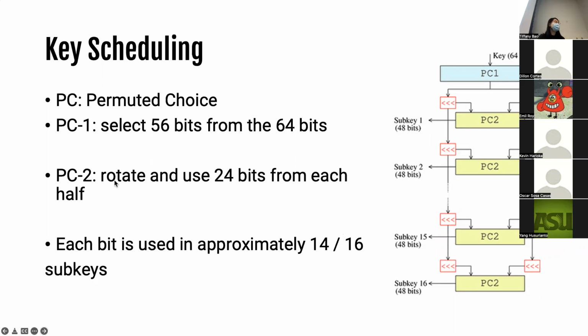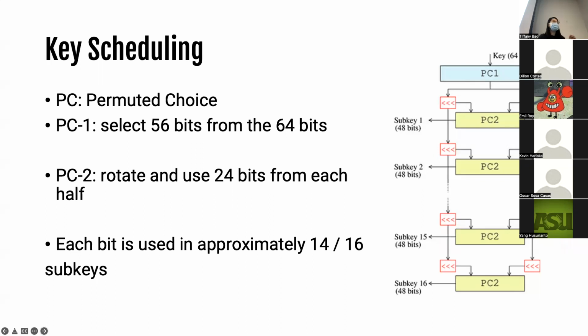So the way that works is that you're gonna rotate the key and also only use the 24 bits from each half. So here, after PC1, you have 56 bits. And they're gonna split them into two halves. So here is 28 bits.